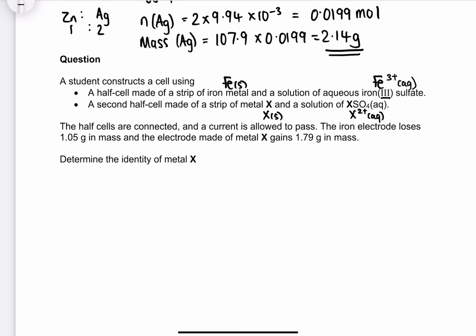It says the iron electrode loses mass. That tells us it is oxidized because it's becoming the iron ions.